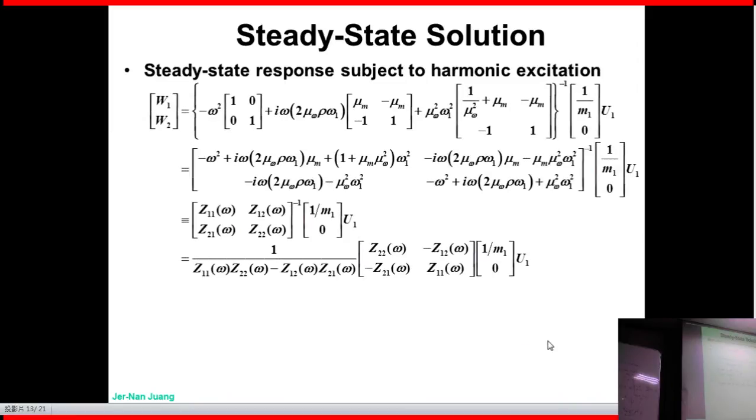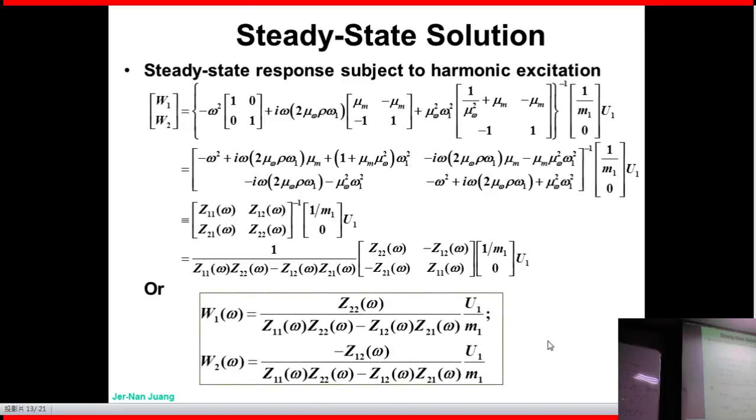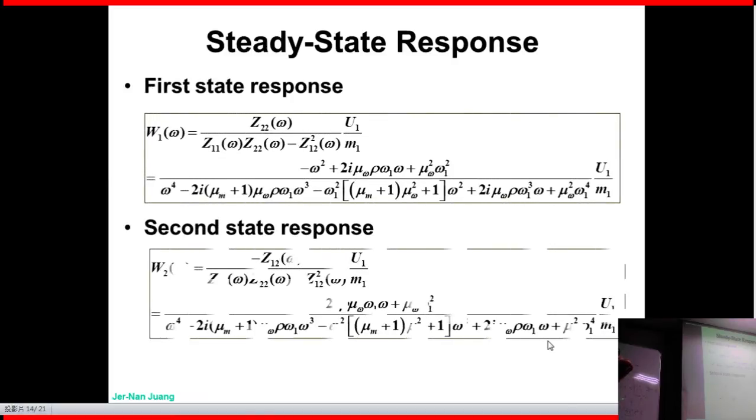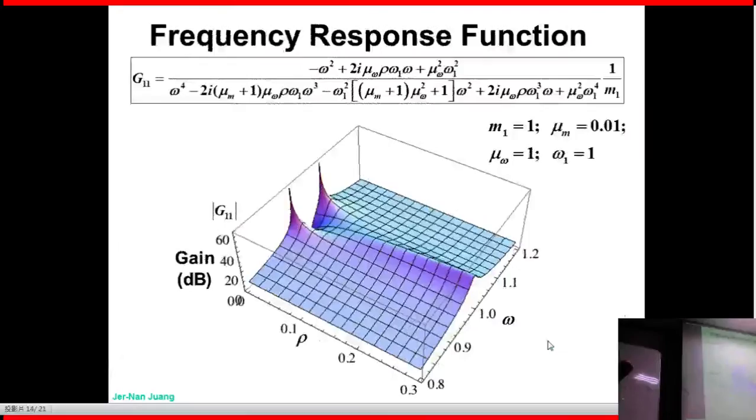It seems to me I run too quick, but because this is what you already learned, so I'm not going into it. This is also the equation of motion, and for the steady state solution you already learned from dynamic response. Just substitute all those dimensionless quantities into the system, then you get this kind of steady state response subject to harmonic excitations and so on. And again, it's exactly the same thing. So I'm just going to run quickly.